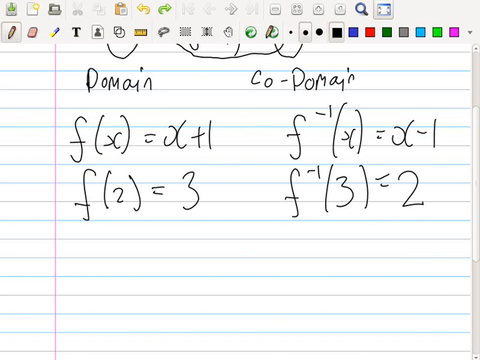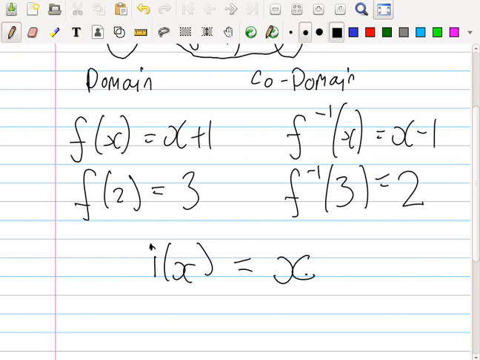Does anybody have any ideas what might be an equivalent idea for functions? The function that doesn't cause any change. So if I call this function I, like identity, what do you think this function is? There will be no x's. No? Very good. You're on the ball today, Ahmed.